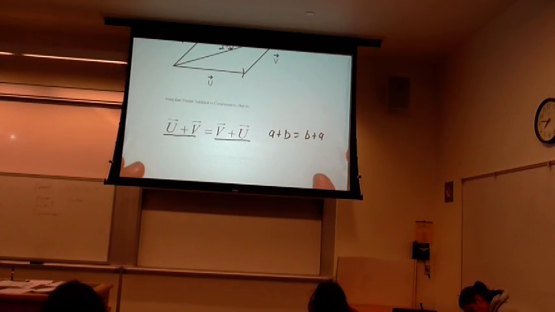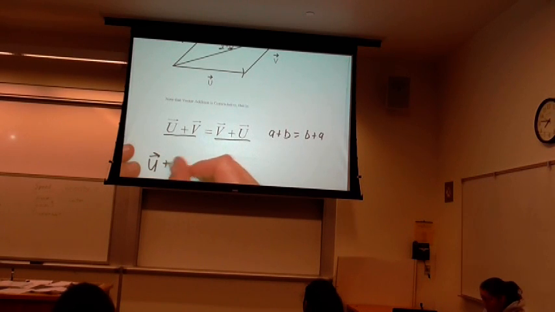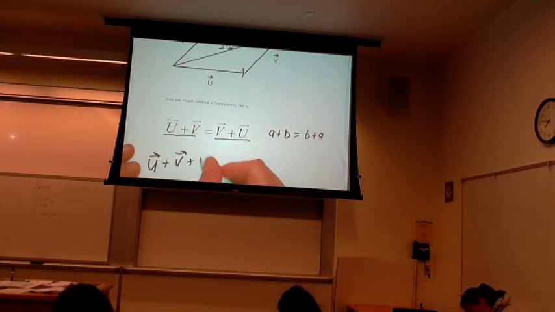Let me just jump something in here. We're not going to prove this right now, but if you want to add three vectors, let's say U plus V plus W, you have to decide which to add first.